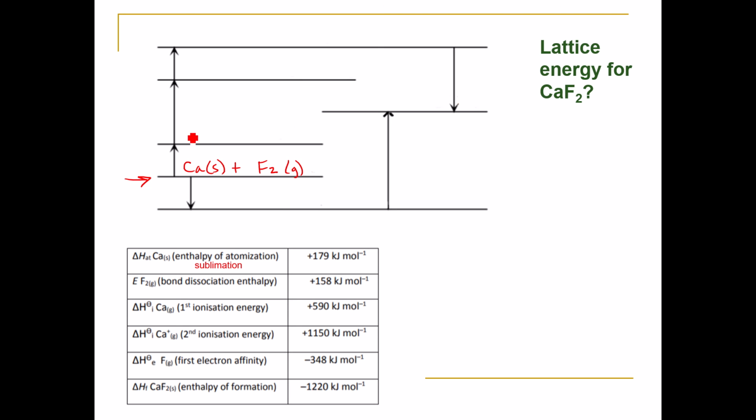So we're going to take our first ionization energy, and that's written down here, so that's 590. And because calcium goes to a +2 and not a +1, I also need my second ionization energy, which is also listed as 1150. So all of that is needed in order to ionize.